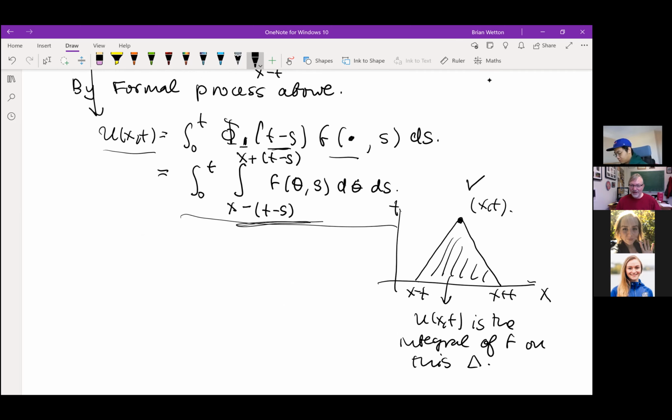And even if we added in initial conditions, if we have u0 initial conditions, then they influence the solution just at the average of these 2 points. And if you include initial conditions for ut, then you've got the integral of those initial conditions on this line.